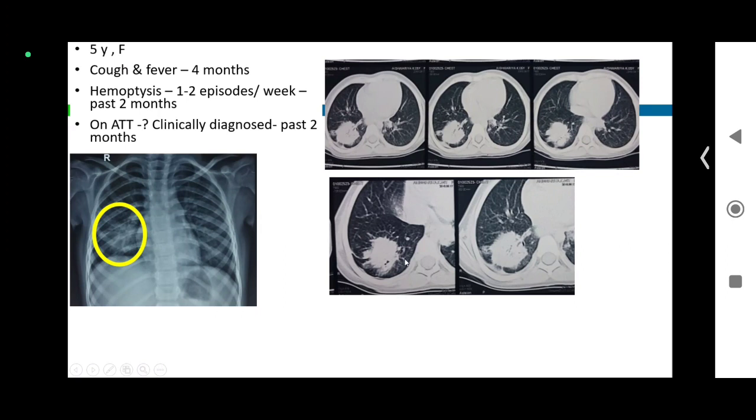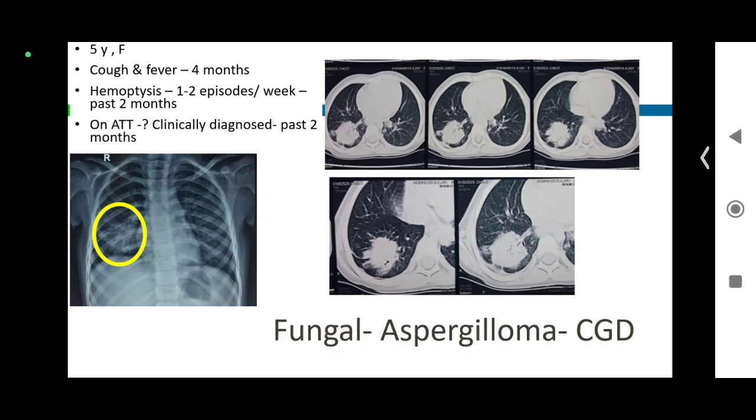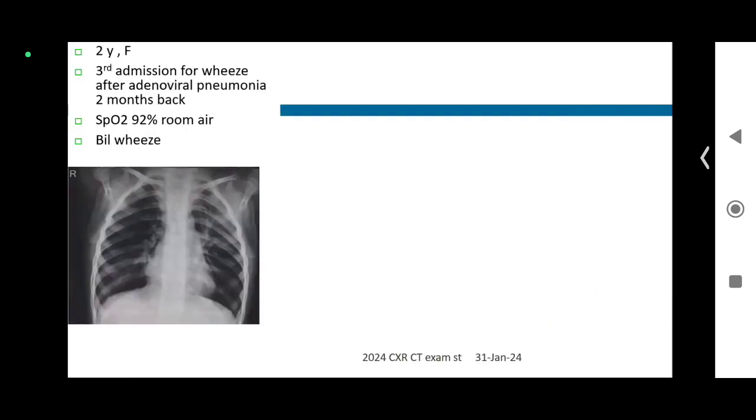Then you will have a fungal ball. A round shadow in the periphery with hemoptysis in a child who is not responding, then you need to suspect this may be a fungus. You need to do investigations to rule out a primary immune deficiency. Okay, this is aspergillosis. Ultimate diagnosis, chronic granulomatous disease.